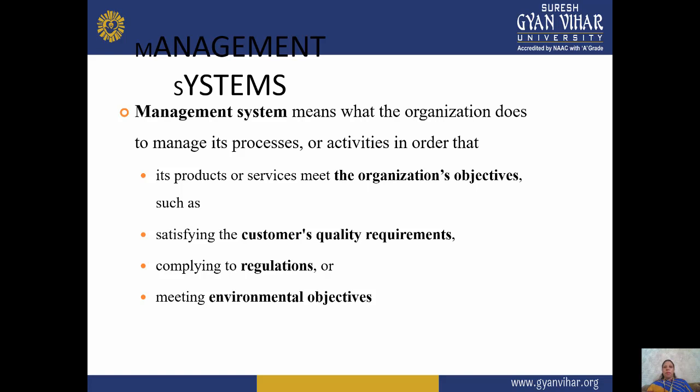Management systems. A management system means what the organization does to manage its processes or activities in order that its products or services meet the organization's objectives, such as satisfying the customer's quality requirements, complying with regulations, or meeting environmental objectives.